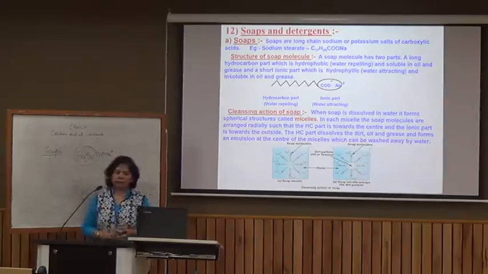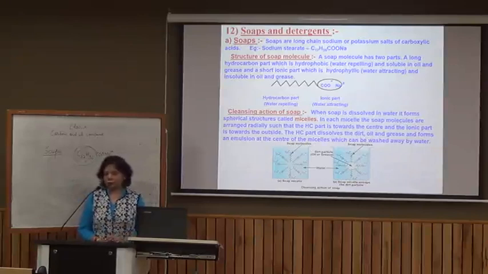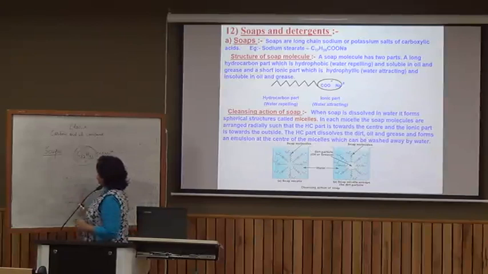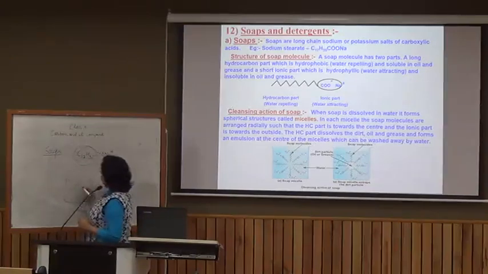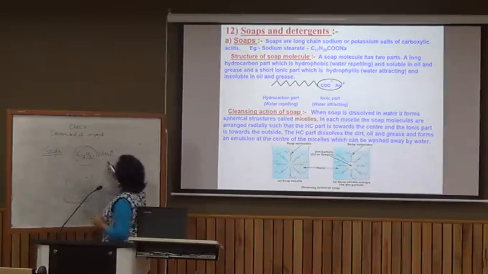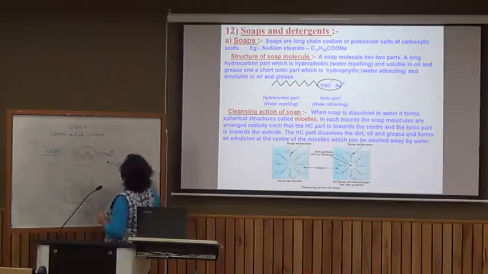So, soap molecules have two parts, the ionic head and the long carbon tail. When we put soap in water, all of you can look at the diagram. What happens? Let this be the ionic head and this be the carbon chain of soap.